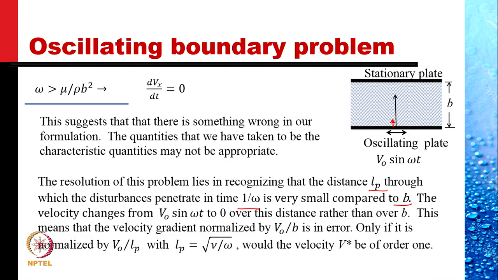Only if it is normalized by V naught divided by LP, with LP equal to under root nu by omega, where nu is the kinematic viscosity, mu by rho, should the velocity V star be of order 1.